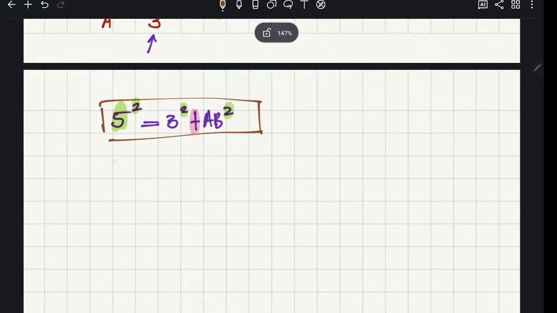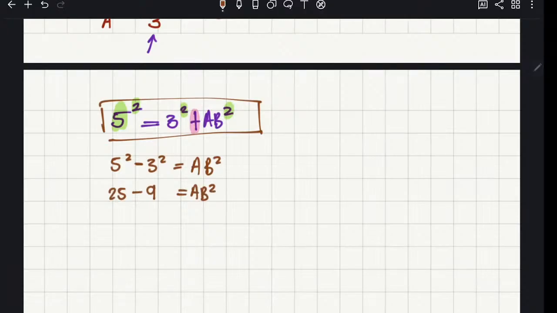We take 3 to the other side. 5 squared minus 3 squared is equal to AB squared. 5 squared is what? 25. Minus 3 squared is 9. This is equal to AB squared. 25 minus 9, 16 is equal to AB squared. Then you take the square to the other side.